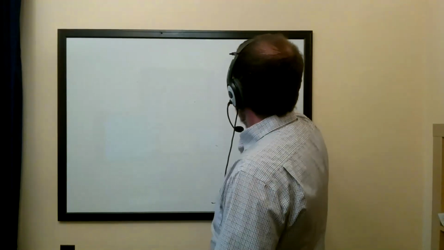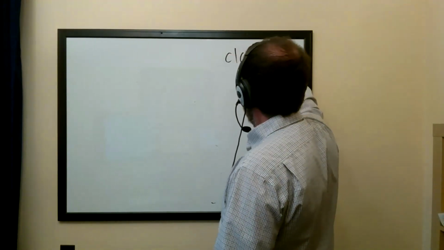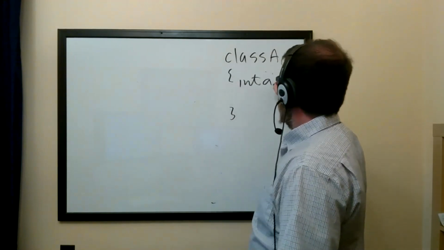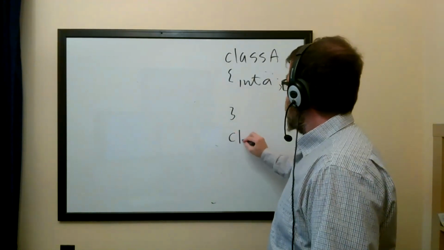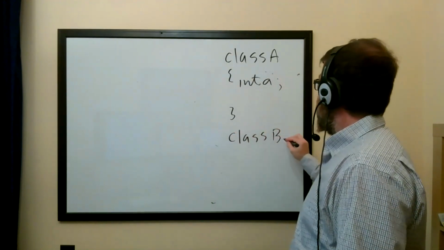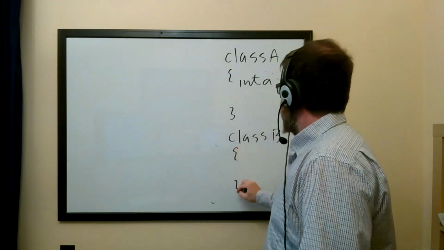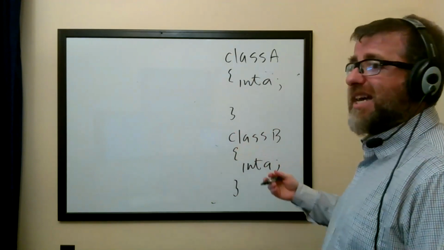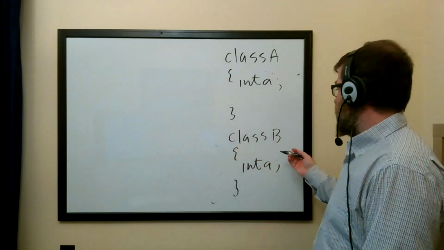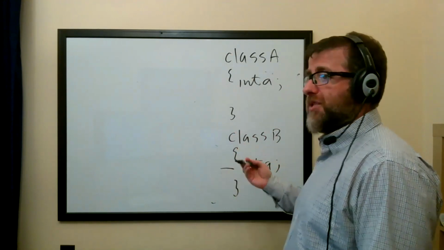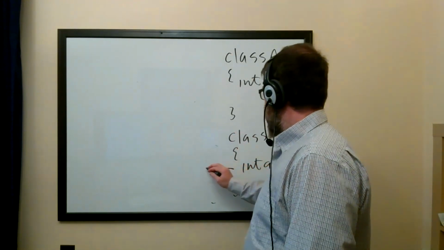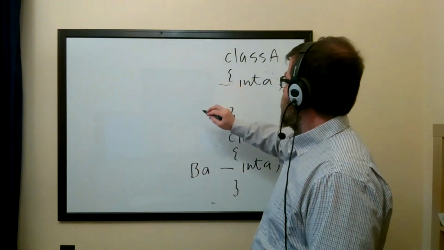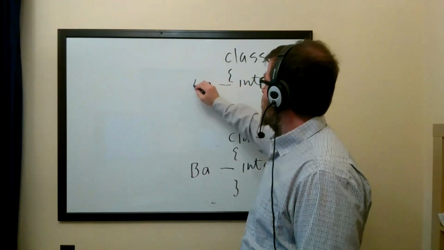Let's do another example. Let's say you have class A, and you have a variable A, and you have class B, and then you also have variable A. Let's say you're using labels. You're going to say, this is my variable A of my class B, and this is variable A of my class A.